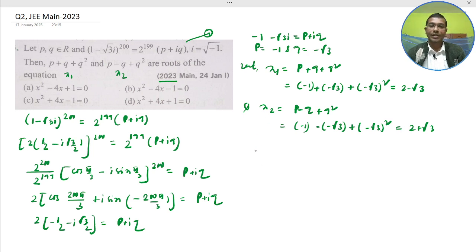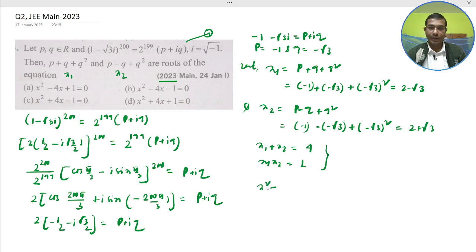Next, the summation of two roots, x1 plus x2, would be equal to 4, and the multiplication of the two roots is 1.